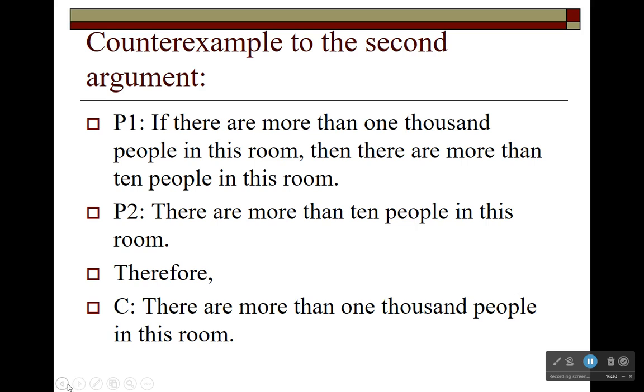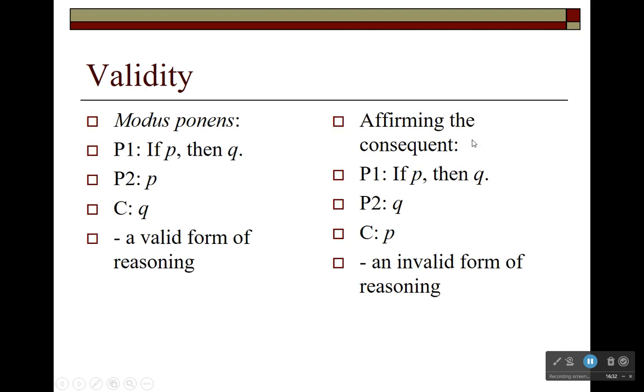So the second argument that we looked at, again, was an example of this affirming the consequent fallacy. Again, it was an argument of the form if P then Q, Q therefore P. Now, in the case of the example that I gave, it might have been a little bit hard to see that the argument was invalid because it so closely resembled the example of a valid argument that we gave.